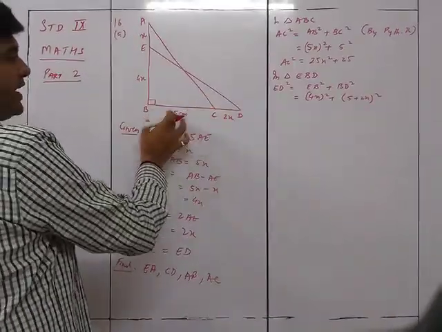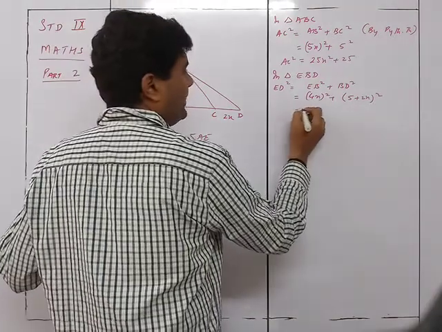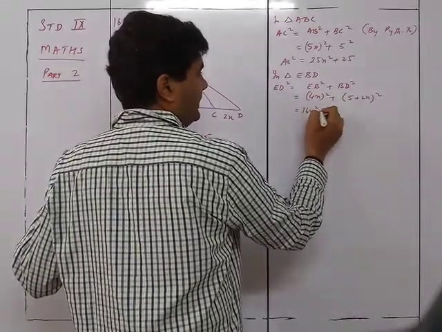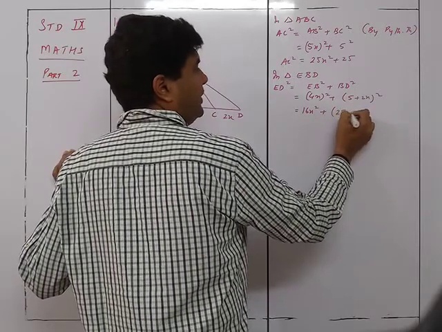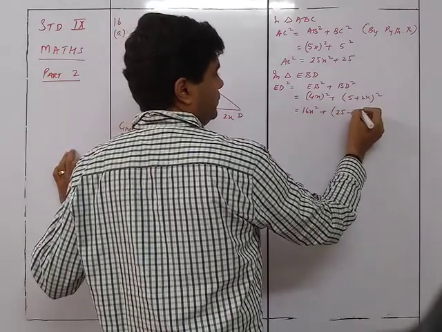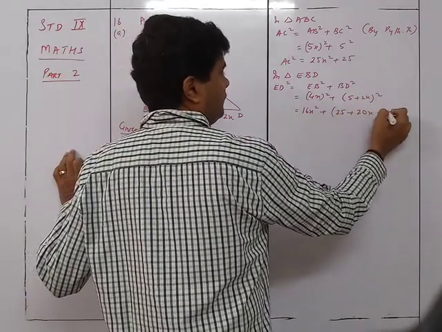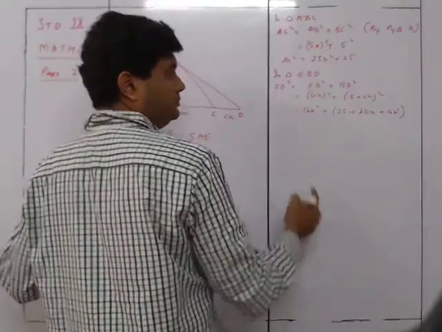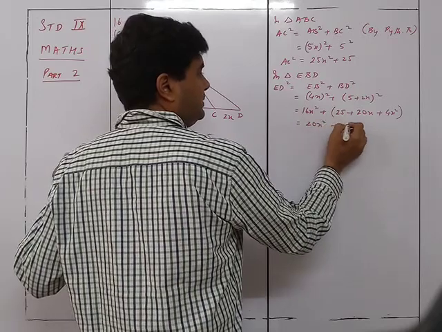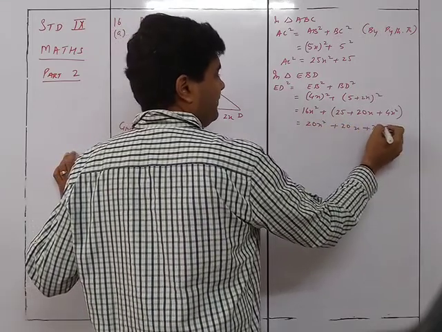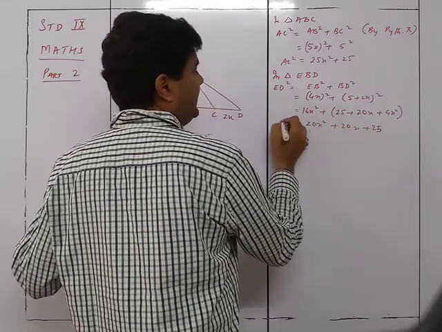Right? BD is 5 plus 2x. On opening, we get 16x square plus, using a plus b the whole square, 25 plus 20x plus 4x square. So this gives you 20x square plus 20x plus 25 as ED square.